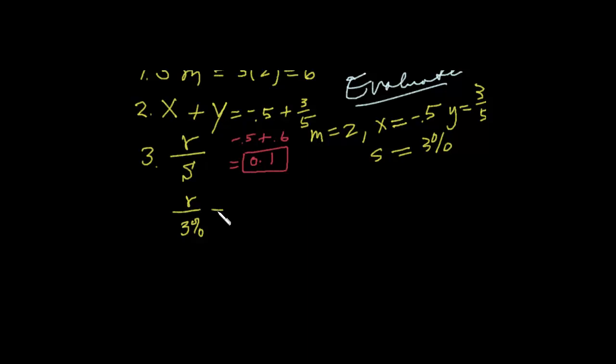And more often than not, we do not like to have fractions and decimals and percents mixed in, so we're going to go back to our basic math skills and make this 3% a 0.03. And also what you might want to remember is that this is really division, so this is r divided by 0.03, which is 3/100.